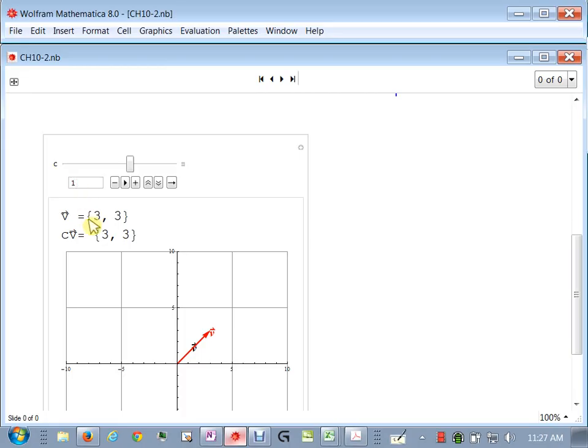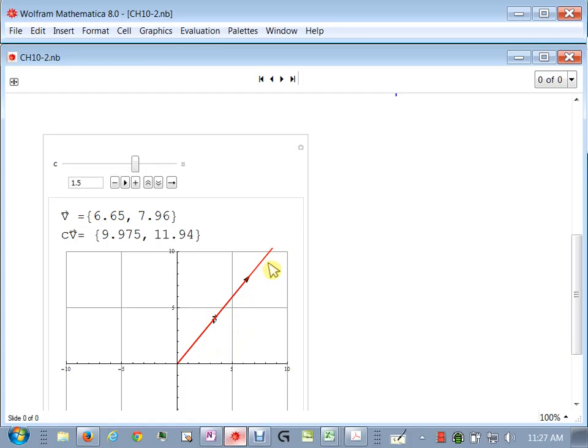I'm taking a vector v, which I picked to be the vector 3, 3, and I'm multiplying it by 1, and that gives me 3, 3. So it doesn't change, right? If I change my c here to 1.5, then I'm multiplying 3 and 3 here by 1.5, which gives me 4.5. And you can see on this picture what it's done, right?